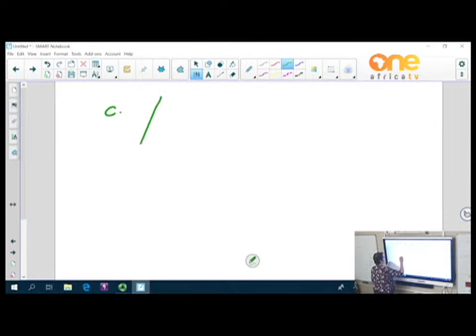In triangle ABC, so I draw the picture so that I can see which one is which one. Now they say A, the small letter A is 8. Angle A is 70 degrees. And angle B is 32 degrees. And we have to find B, which is now this one. The small letter opposite the angle.